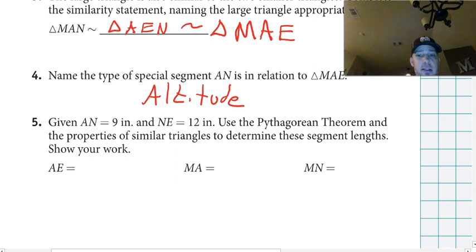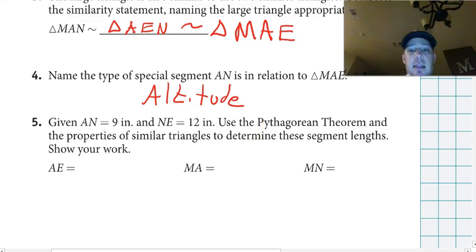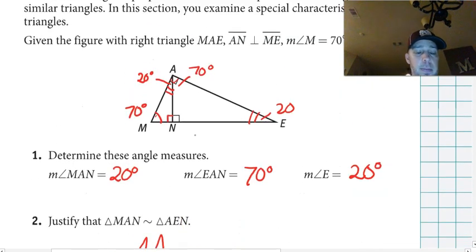So it is an altitude. And let's do Pythagorean theorem. It says given AN equals 9 and NE equals 12. So AN is 9 and NE equals 12. So if we did Pythagorean theorem, we could do a squared plus b squared.